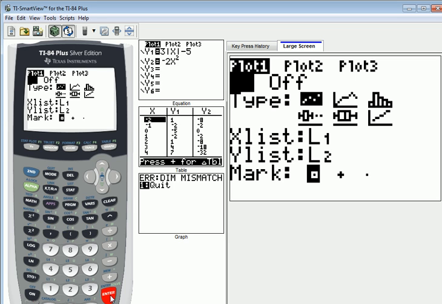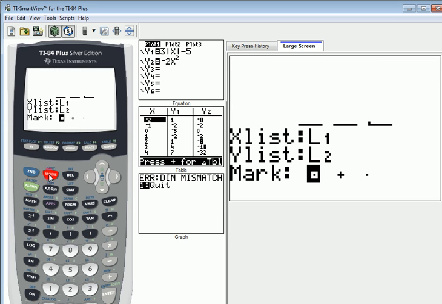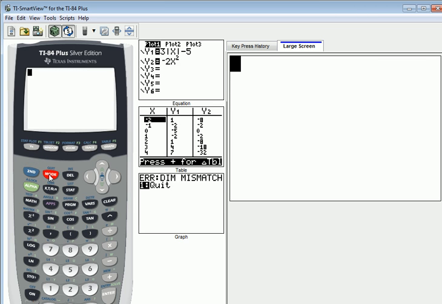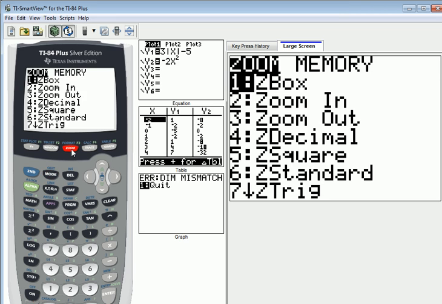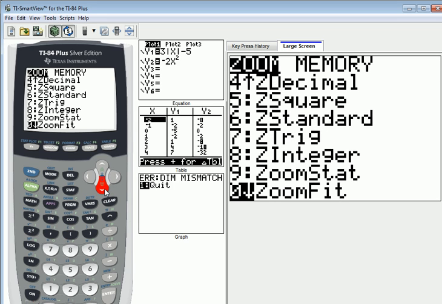So go ahead and make sure you have that set up. And then once you have everything, you can quit out of that. Second mode quits out of that. And then what we're going to do is a zoom stat. So hit the zoom button and we've entered our data into the statistical model. So we're going to zoom stat, which is choice 9. Zoom 9.